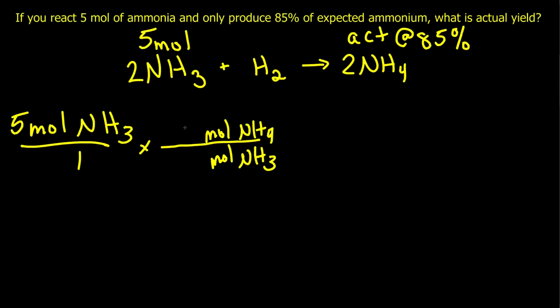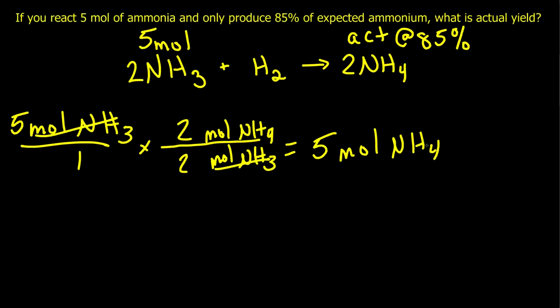Now fill in these two values with a balanced equation. There's 2 NH3s for every 2 NH4s. So 5 times 2 divided by 2 gives me 5. And that's going to be 5 moles of NH4 because NH3 cancels out. So this is our theoretical amount, how much we expect to make.